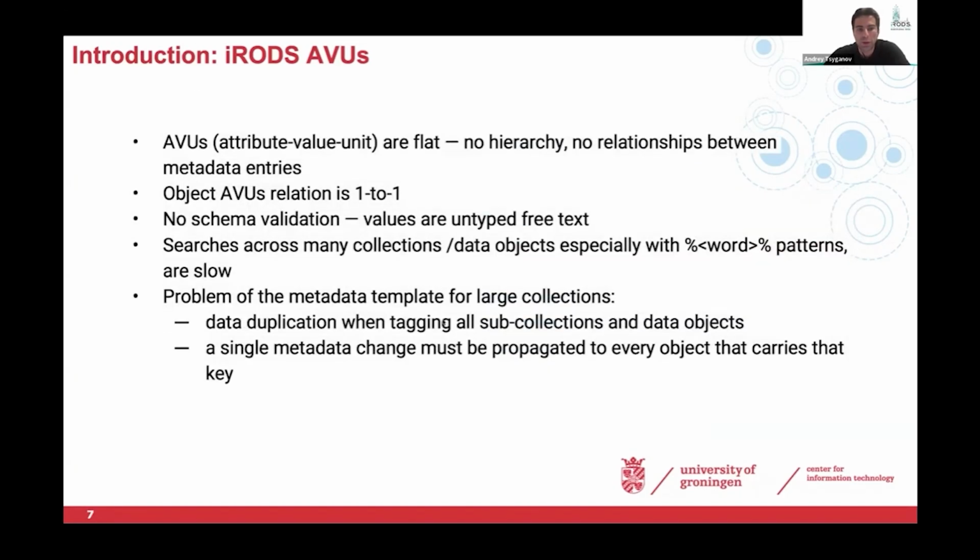The structure of AVUs is flat by design, so no hierarchy. And if you want to do schema validation on the metadata, you need to do it out of scope, as the value might be too small for a big schema.